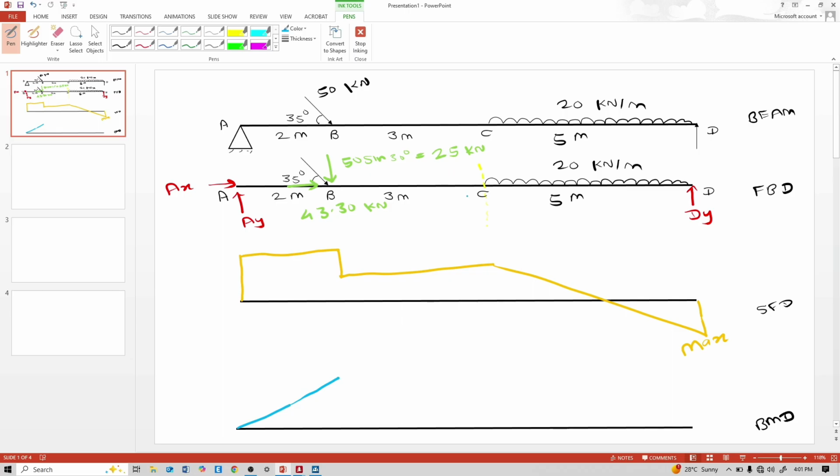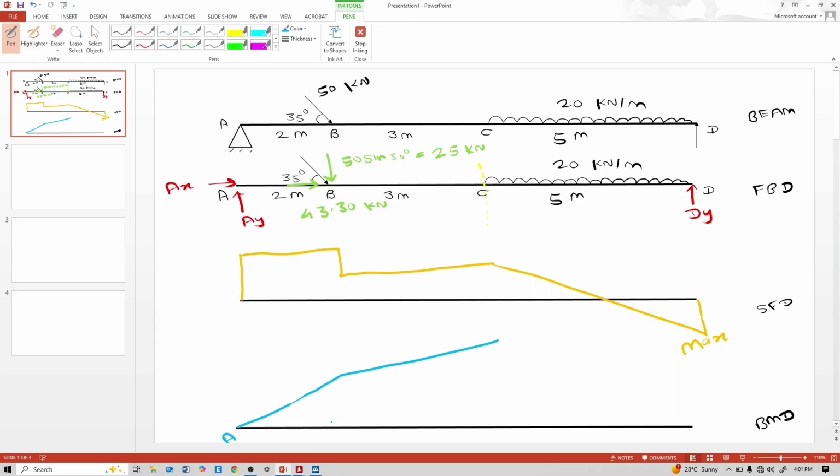Up to point C there is also no load, that means like this. This is A, B, C, and here is uniformly distributed load. That means bending moment is a parabolic curve.